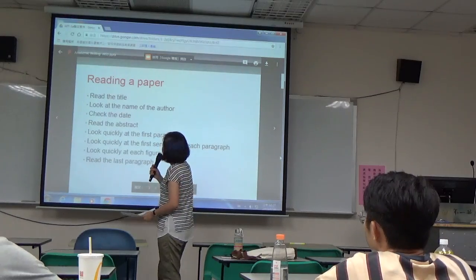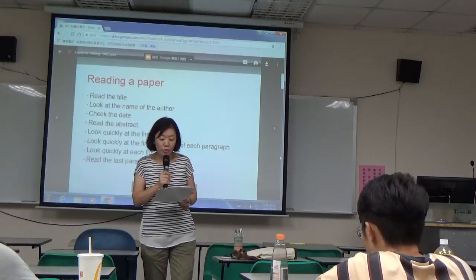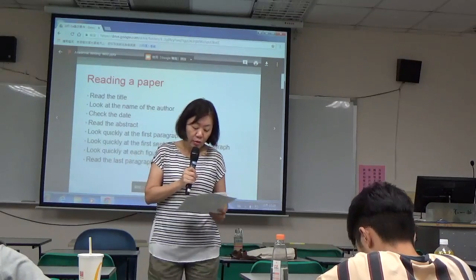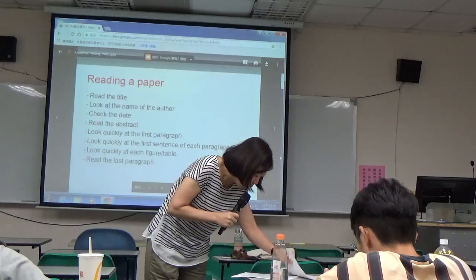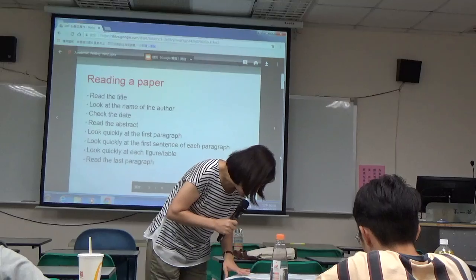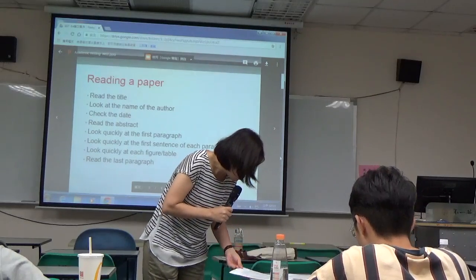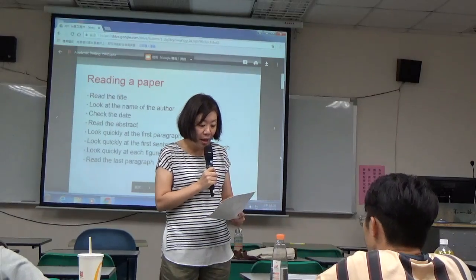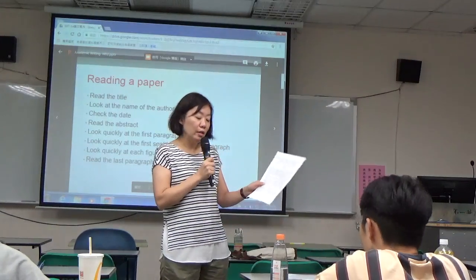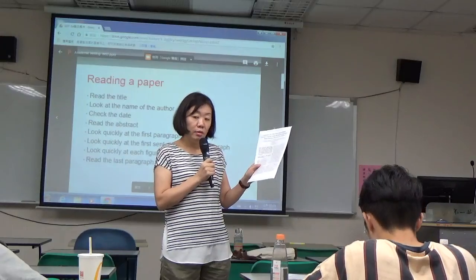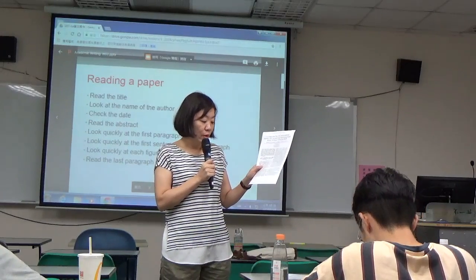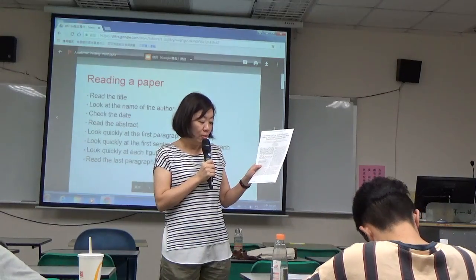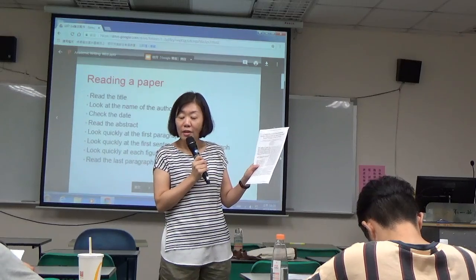Check the date. The third step to read the paper. Check the date. When is the publication year? A compact and low DC power. When is the publication year? 2017. Where can you find the year?